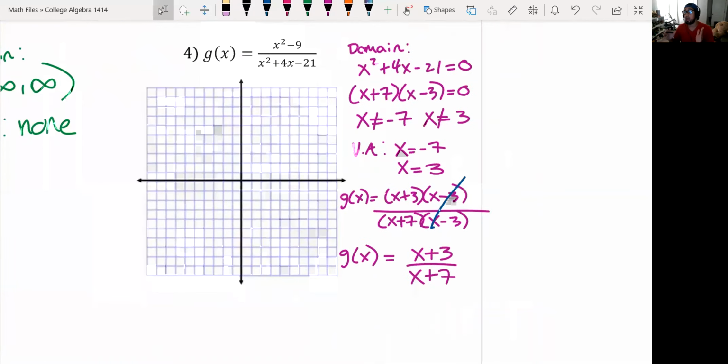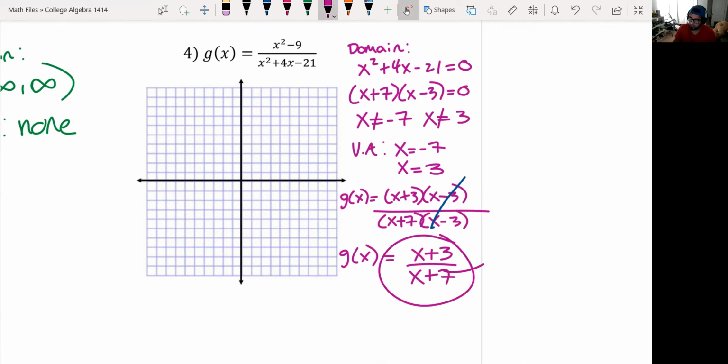Okay, now two big questions. First big question is, does the domain change? And that answer is no. This function still has to abide by that domain. So that's one big question answered. The second big question to be answered is what happens now to that vertical asymptote of x equals 3 since we canceled it out of the denominator?